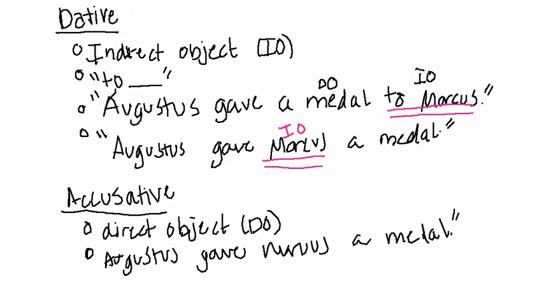Okay, so as I told you earlier, medal would be the direct object because it's receiving the action of the verb, and thus it would be in the accusative case. And you might be wondering, well, why isn't Marcus the direct object? It's because he's not the one receiving the action of the verb. Augustus didn't give Marcus, he gave a medal to Marcus.